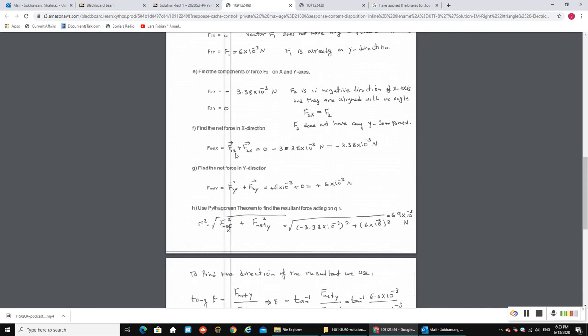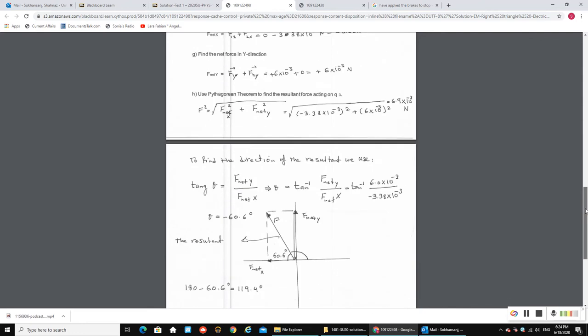So find the net force in the X direction. We have F1X and F2X. Here F1X is 0 and F2X is negative 3.38 times 10 to the negative 3. We put that, and this is our answer. For F net Y, we calculate F1Y plus F2Y and we get the answer. And here then we use the Pythagorean theorem.